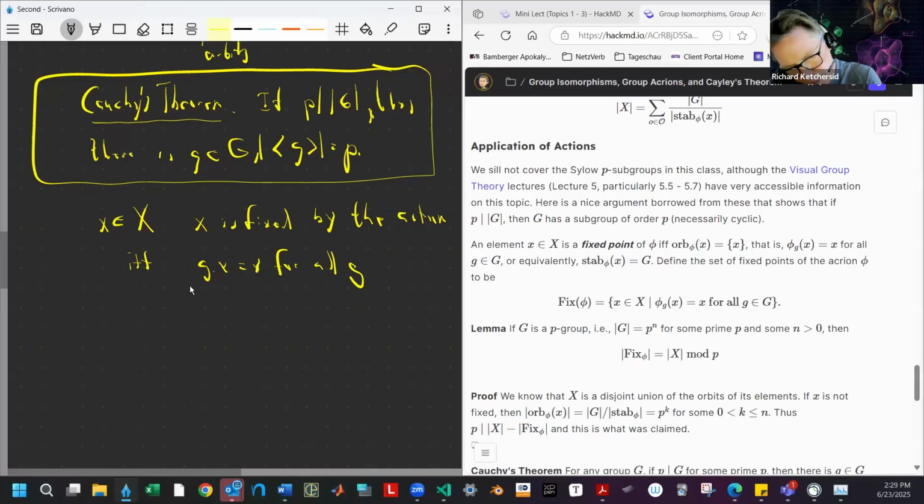So what is that saying? One way of saying that is that the stabilizer of x is just all of G. And of course that means that G over the stabilizer of x, which is the size of the orbit, has size 1.